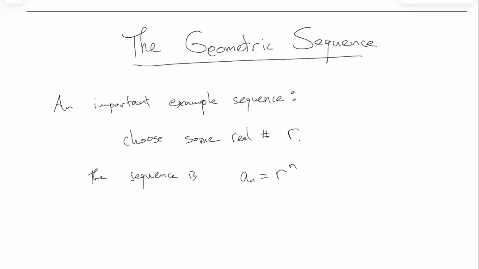And if you want to write out the terms, it would look like r, r squared, r cubed, r to the 4, etc. All right, this is a fairly simple and predictable type of sequence.